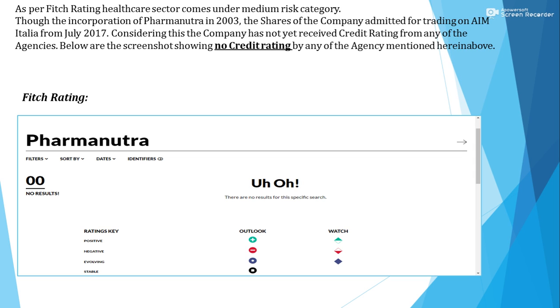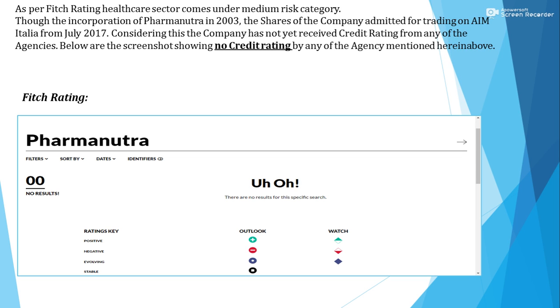As per Fitch Ratings, the healthcare sector comes under the medium risk category. As the company got its shares admitted to trading in July 2017, the company has not yet received a credit rating from any of these agencies. In the next slide, you can see there are no records.